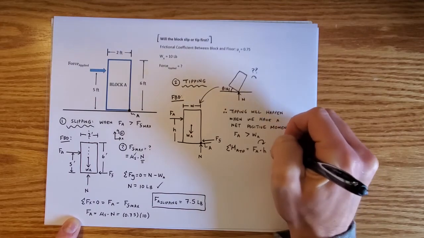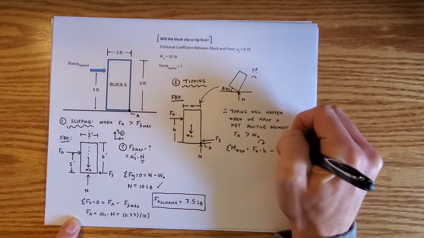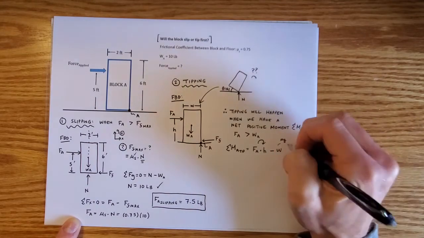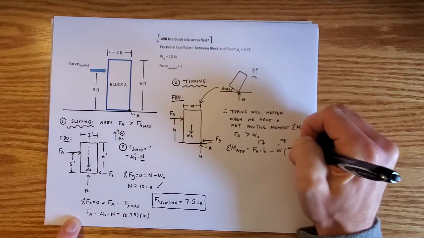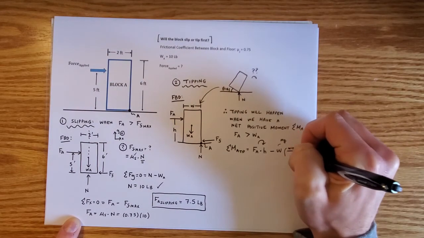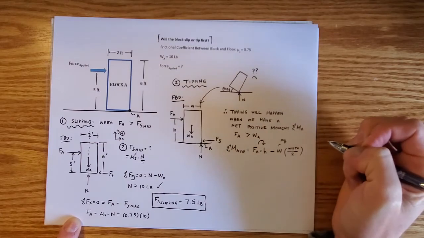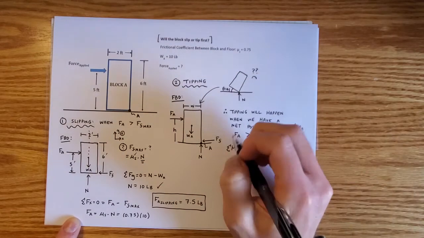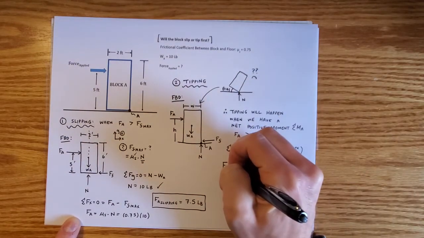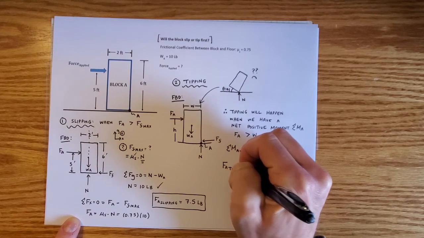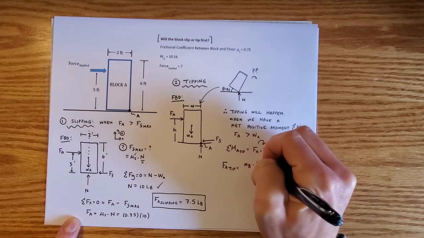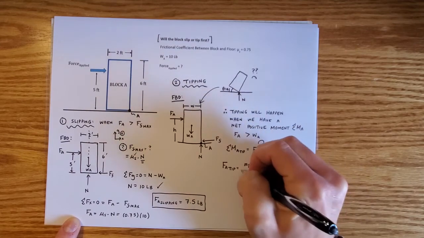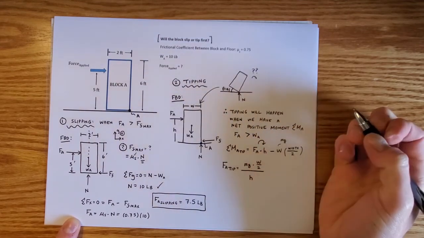Sometimes I like to say that this is mg, just so we don't get confused. But this is mg times the moment arm, which is the width of the box over 2. So we get a generic equation to find F applied to cause tipping, that's going to be mg times W over 2 divided by H.